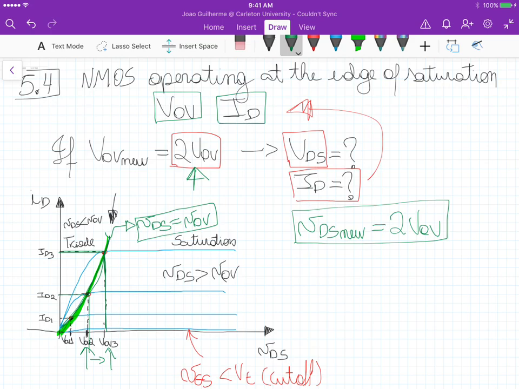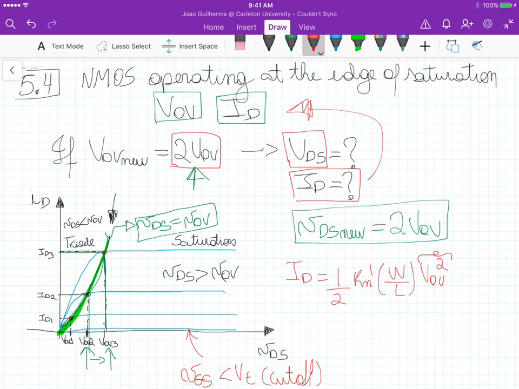So if we remember, in saturation, the drain current ID is half the process transconductance, Kn prime, times the aspect ratio, times the overdrive voltage squared.